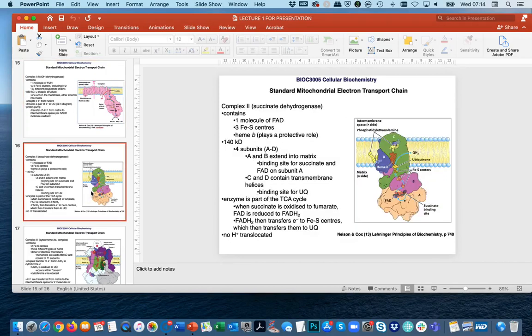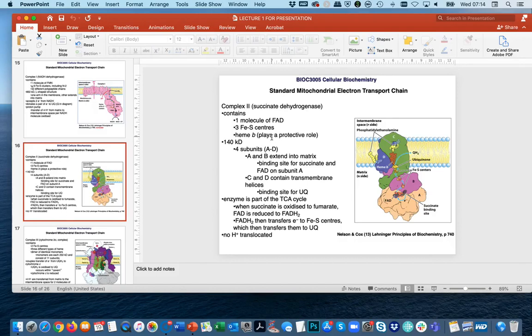Complex 2 is succinate dehydrogenase. It again consists of multiple subunit proteins. It has a molecule of FAD, so if we're talking about what's involved in the electron transfers, FAD, as well as some iron sulfur centers and also a heme group.